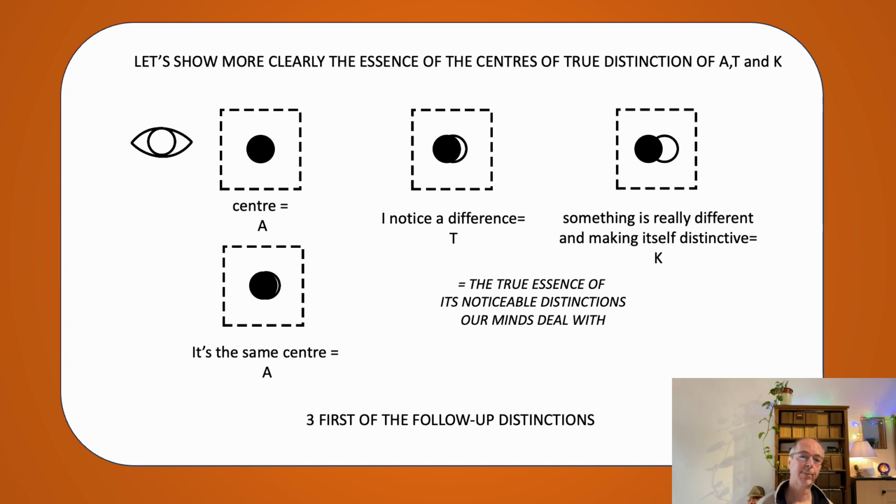If there are even more differences and you see, oh no, it's not just one element that comes out, there are two different elements. That's what I notice, noticing that there are different elements that make themselves distinctive. That's the letter K. These are the true essences of noticeable distinctions, that our mind deals with and associates accordingly with these elements. And all these letters have the same underlying coordinations.